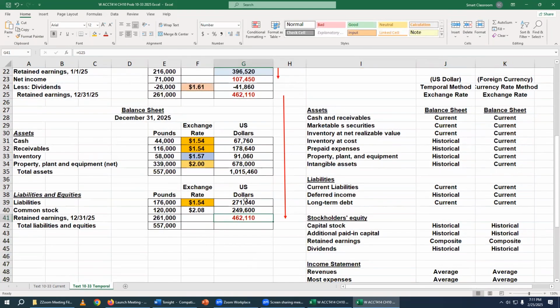All right, so this would come out to... I recheck this to make sure I did this right.